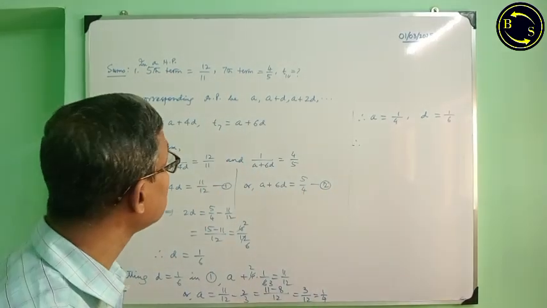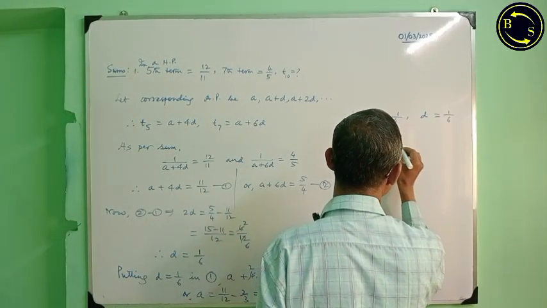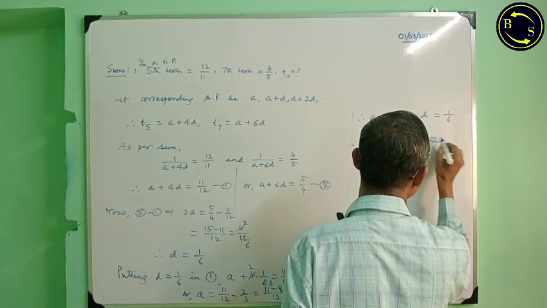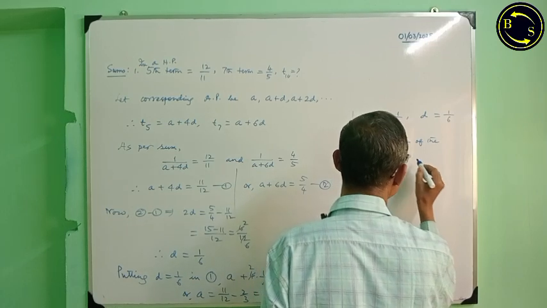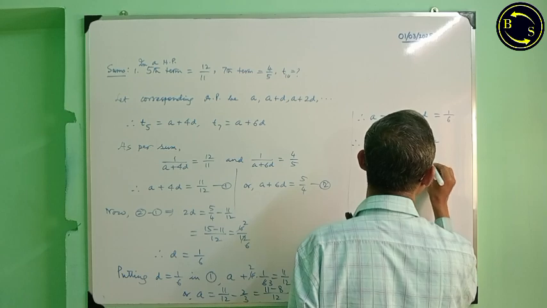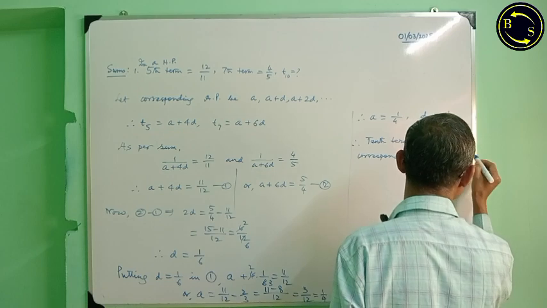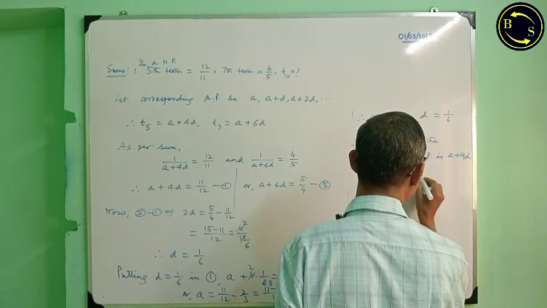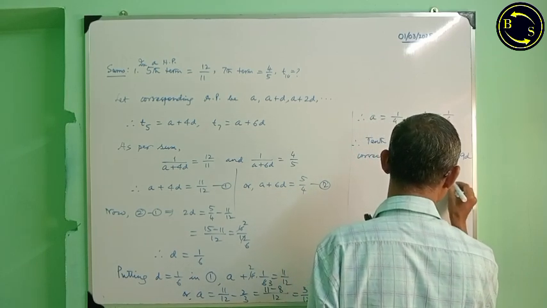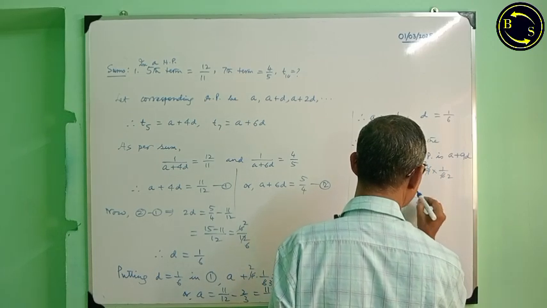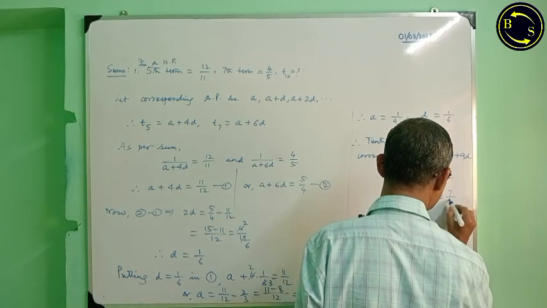Therefore, the 10th term of the corresponding AP is A plus 9D, 1 by 4 plus 9 into 1 by 6, that is 1 plus 6, 7 by 4.